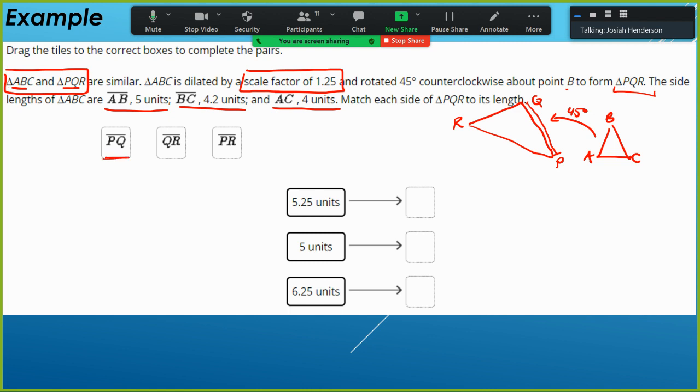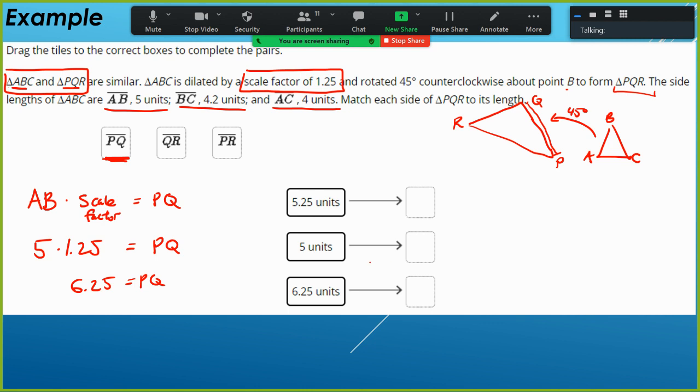So PQ here, AB times the scale factor equals PQ, same formula we've been using. And if we know AB is 5 originally, and the scale factor is 1.25, that can tell us what PQ is. 6.25. So then we can match it up like so.